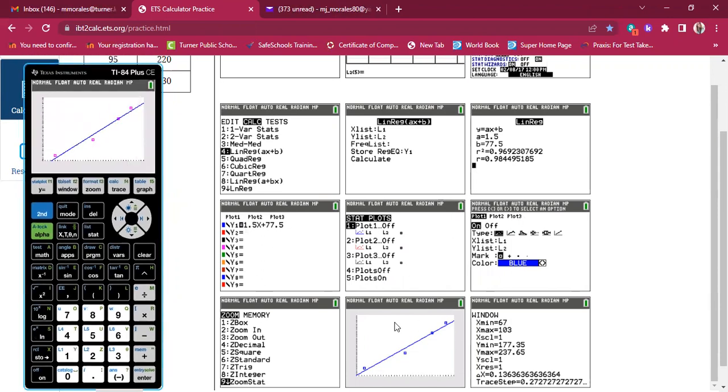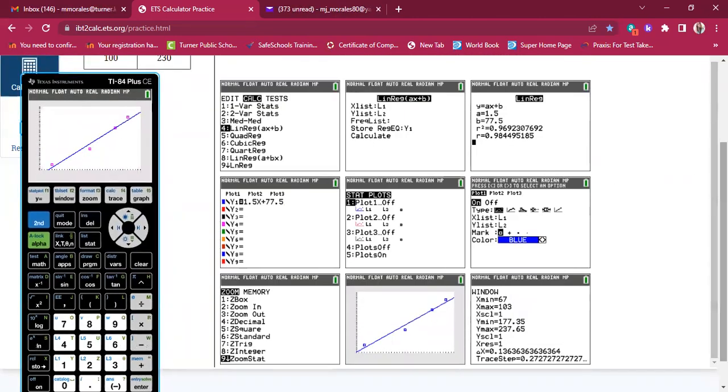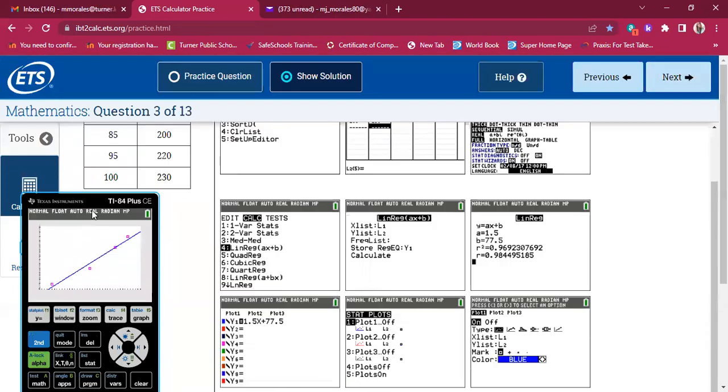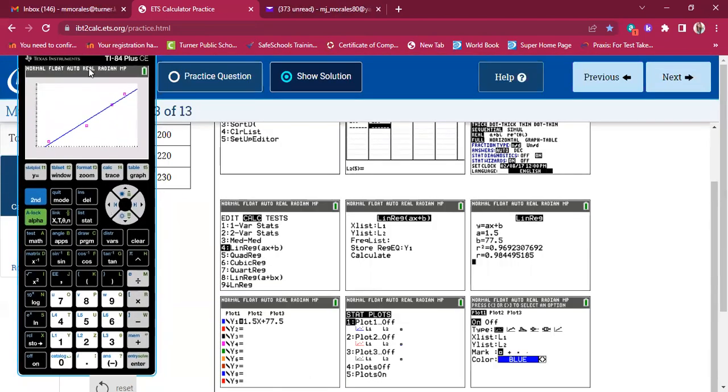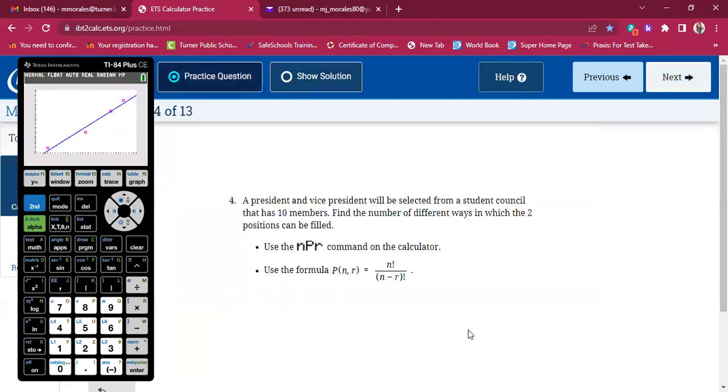And of course, this one is our scatter plot, the graph of our table of values. So I just have a different color, but they look the same. Okay, that's it. Very, very simple. Okay, let's proceed.